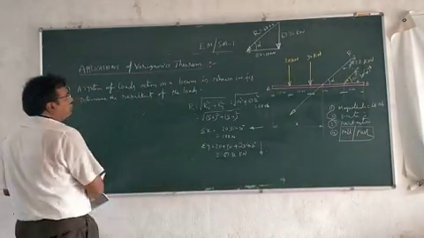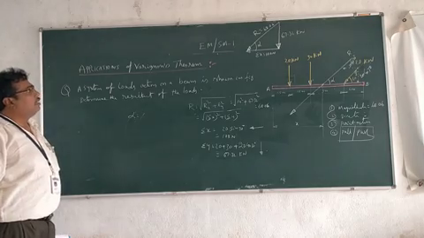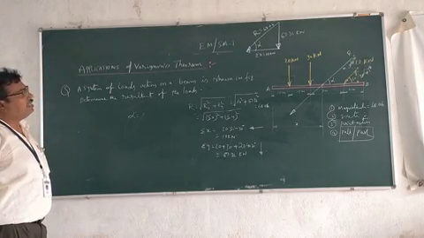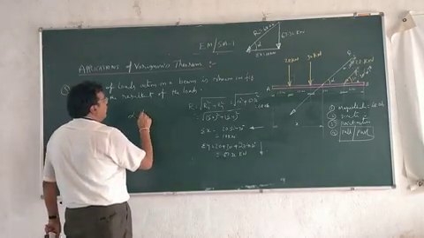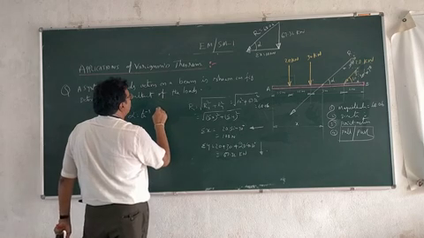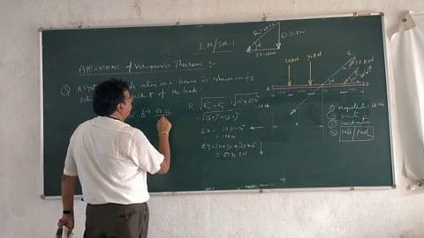Its direction: alpha, the inclination of the resultant to the horizontal, is equal to tan inverse of 67.32 by 10.